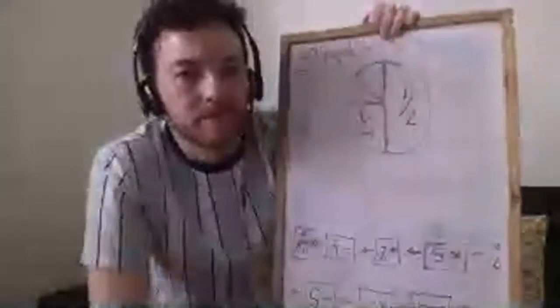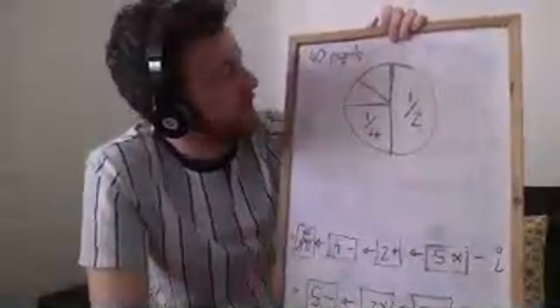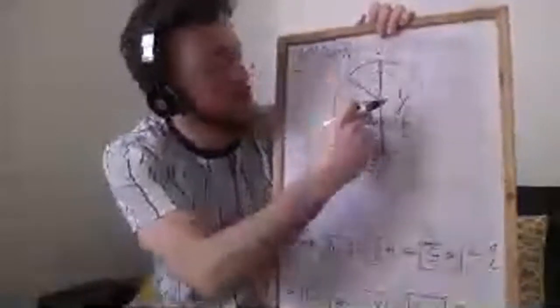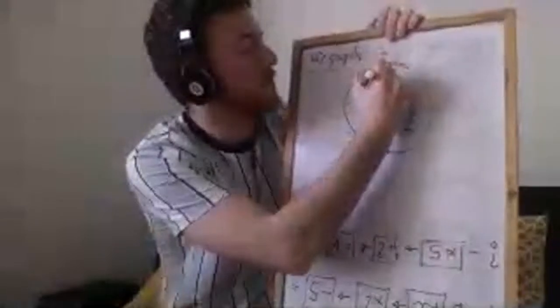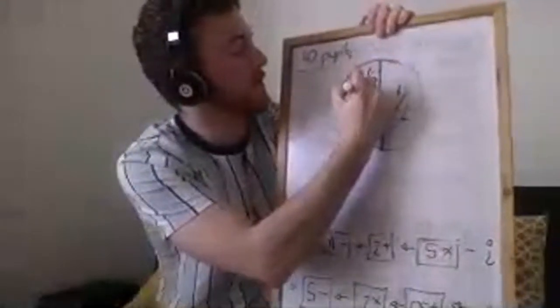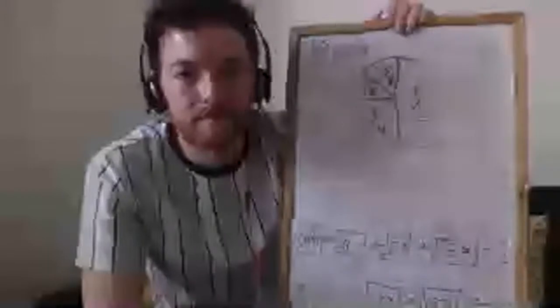Then, if we have a look at these two, they're both the same size. And again, we can relate these to the quarter. What happens if we take a quarter and we split it in half? What are we left with? Okay, and then hopefully you've got 1/8 and 1/8.